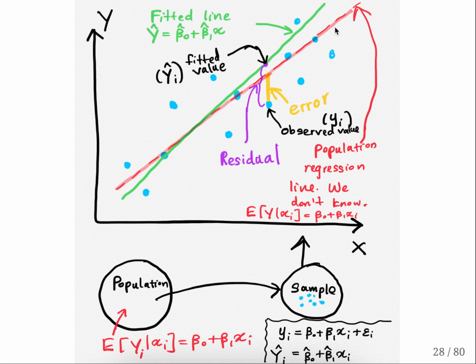Actually, we don't know it, we can't draw it like this. Just for explanation, I draw this line using light red color and some dash marks on it. Suppose this is your true regression line, and this is your observed value. The difference between this true value and the observed value is called the error.